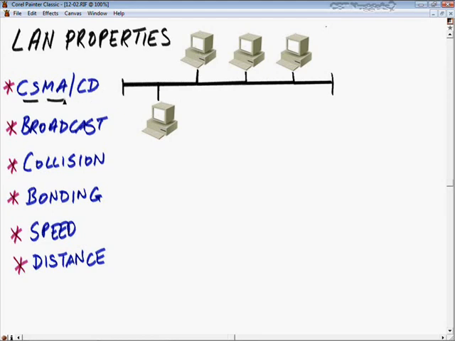Multiple access means that more than one node is accessing the media at a time. As we know from earlier, this could be a bus topology where these are all tapped into a cable that's terminated on both ends, or this could be a hub, and this bus is actually inside of that physical hub device. Before transmitting, the computer listens to the network media.